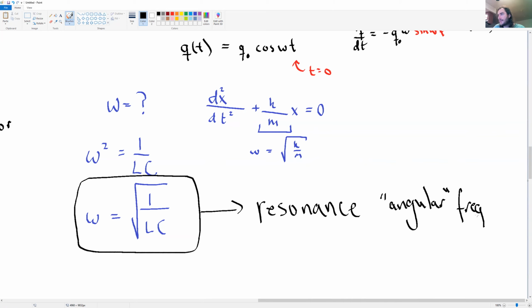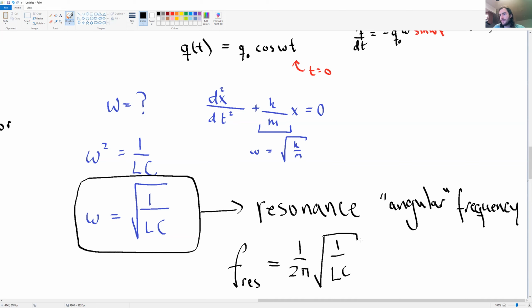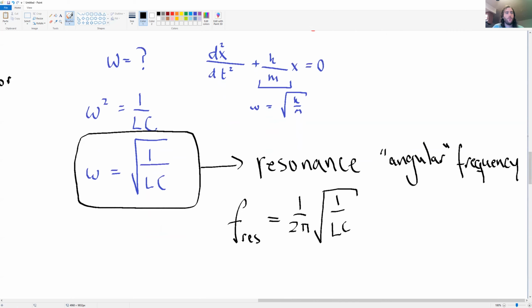If you want the resonance frequency, you can divide this by 2 pi. So the resonance frequency is 1/2 pi times the square root of 1/LC. Now, what good is knowing this resonance frequency?